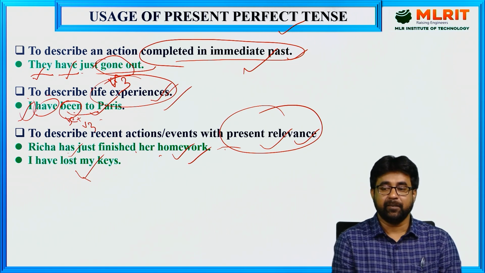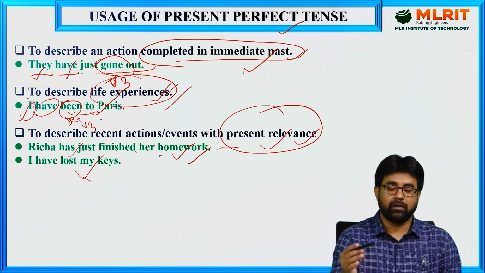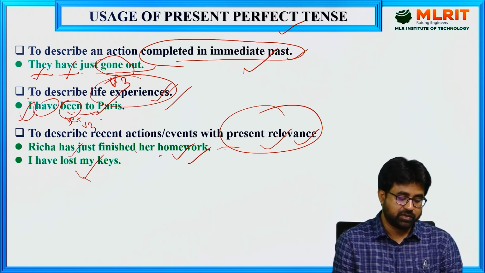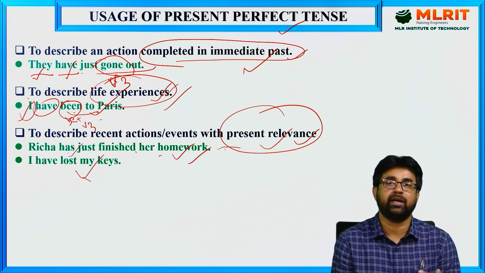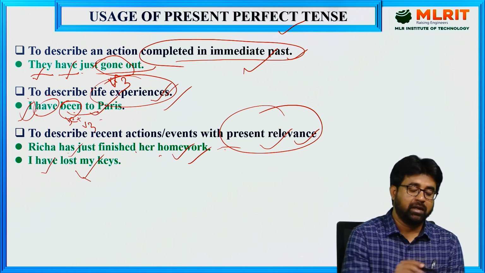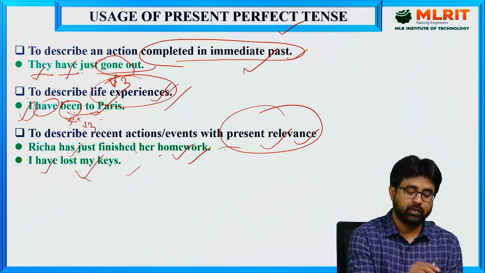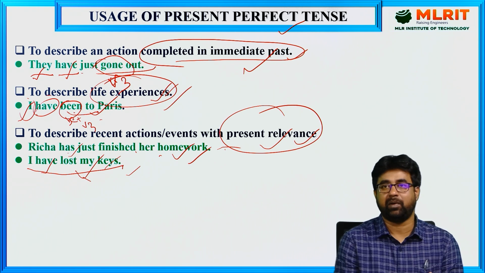Now let's say I lost my bike key and I don't have a spare key. What is the present relevance of this? Because of that, in this moment, I'm not able to use my bike. So I'm talking about a past event, but with present relevance. That's why I have lost my keys. Which tense am I using? Present perfect tense.